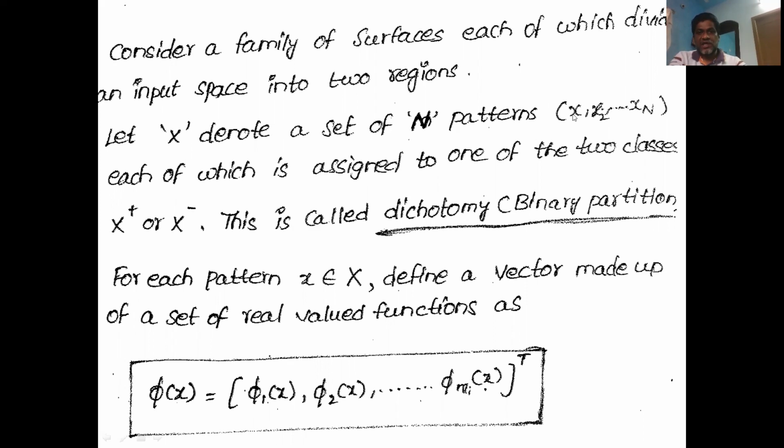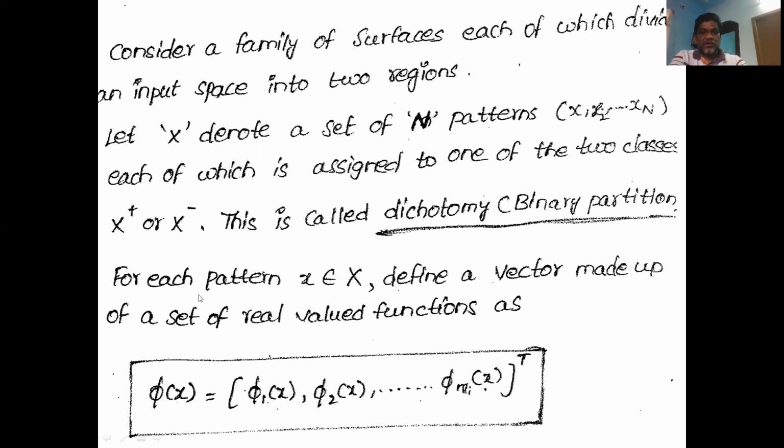If you consider any input pattern, it falls into one of these two categories, either x plus or x minus. What is the name given for this kind of scenario? It is called a dichotomy. If the input patterns fall into exactly two classifications, then we call it a dichotomy or binary partition.